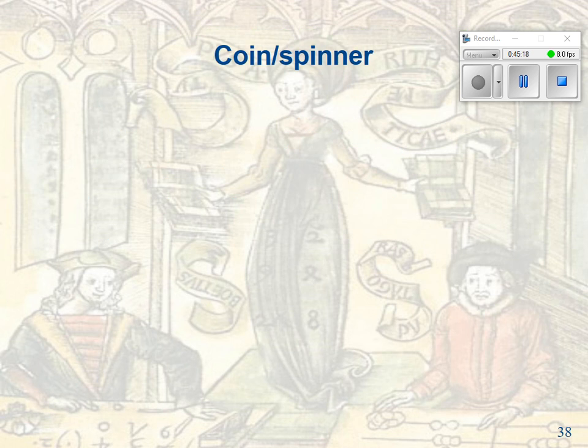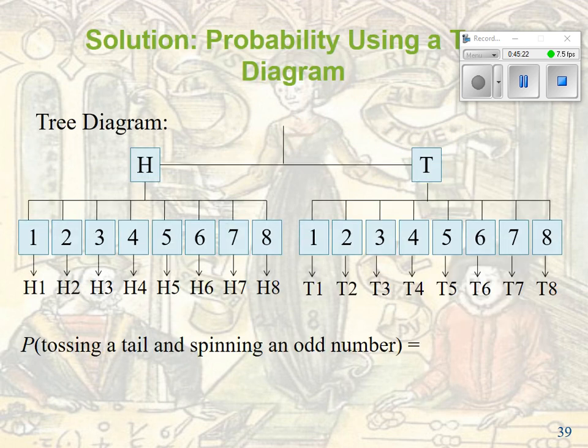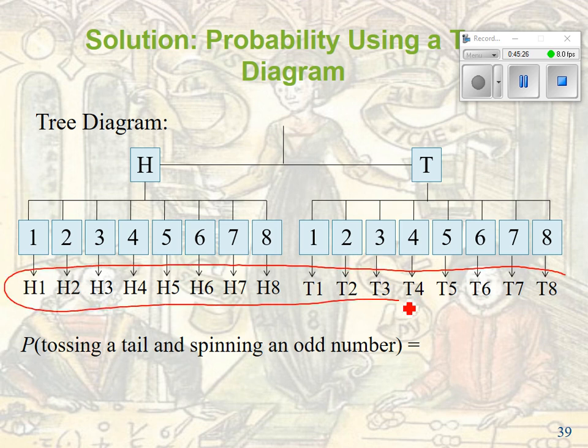So the tree diagram looks something like this. Again, this is our sample space. Those are all the possible outcomes. Tossing a tail and spinning an odd number. How many total outcomes are there? 16, is that right?